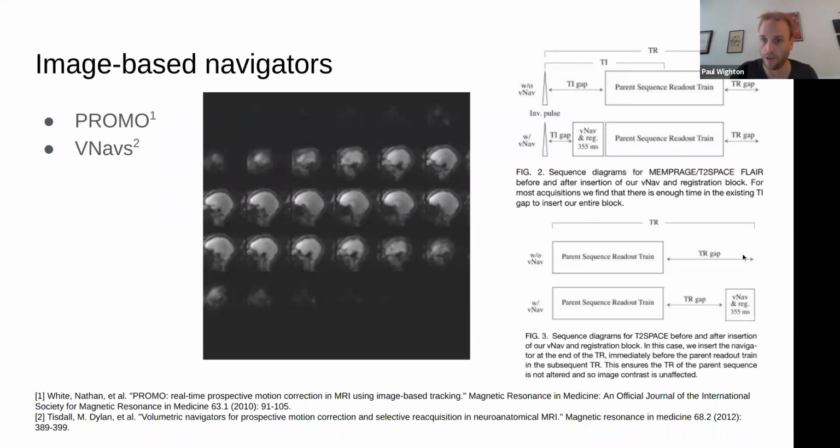And in the case of the T2 SPACE, there's a TR gap where you're waiting for relaxation. So you get the navigator for free, essentially, because there's this dead time in the sequence where you're waiting for something to happen anyway. That's not always the case. Sometimes they'll increase the length of the acquisition, but sometimes with some clever planning, you can get it for free by inserting it into the dead times of the sequence.